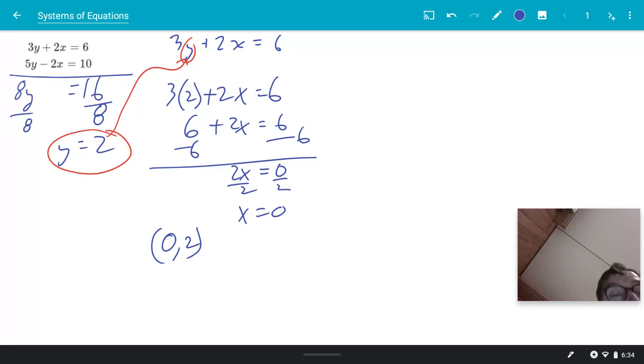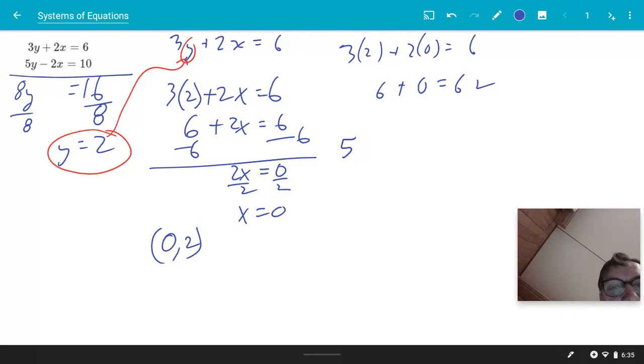And we can check our work. This point should be a point that solves either one of these equations. So if I plug that back in, 3 times 2 plus 2 times 0 equals 6. That works. And 5 times 2 minus 2 times 0 equals 10.